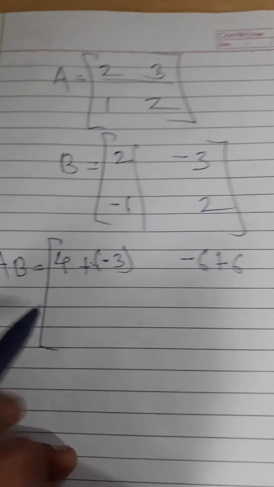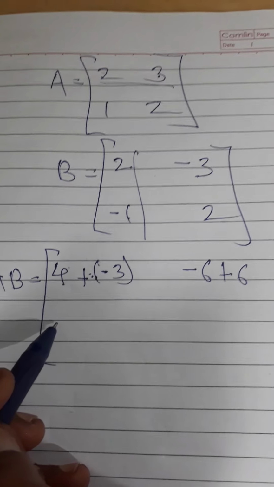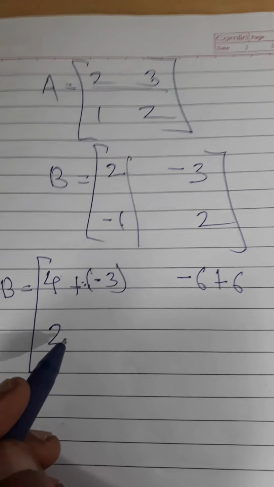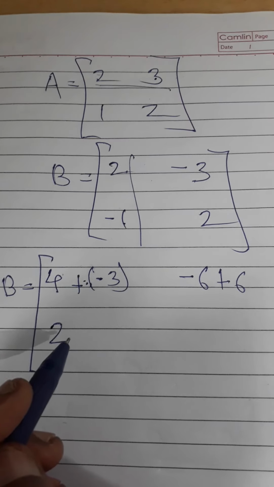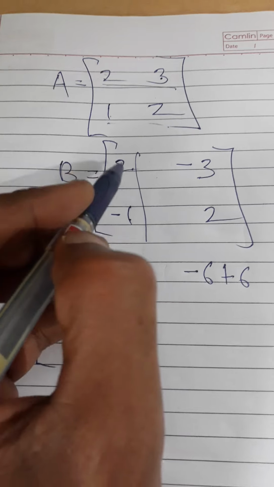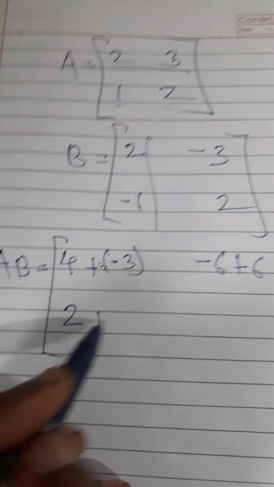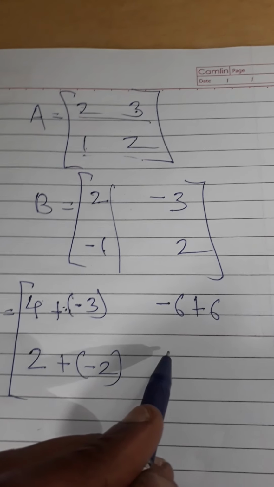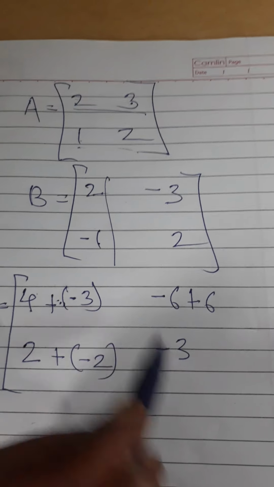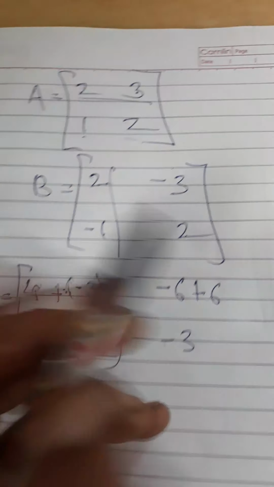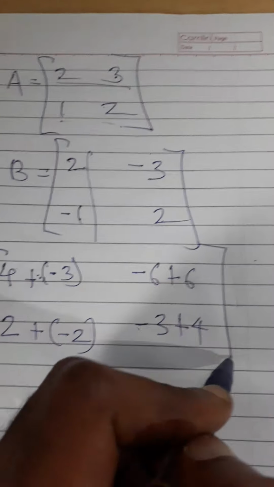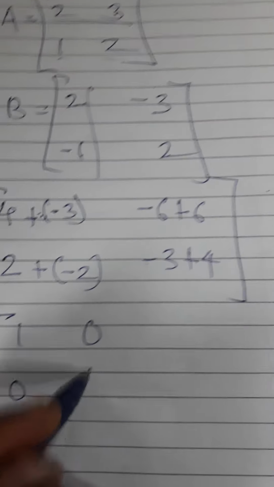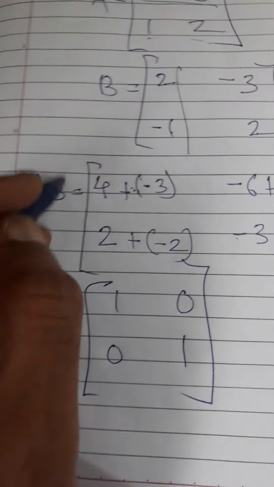Second row, first column: 1 into 2 is 2, plus 2 into minus 1 is minus 2. Second row, second column: 1 into minus 3 is minus 3, plus 2 into 2 is 4. So what is the result that you get? 4 minus 3 is 1, this is 0, this is 0, and this is 1. So what you get is AB equal to [1, 0; 0, 1].